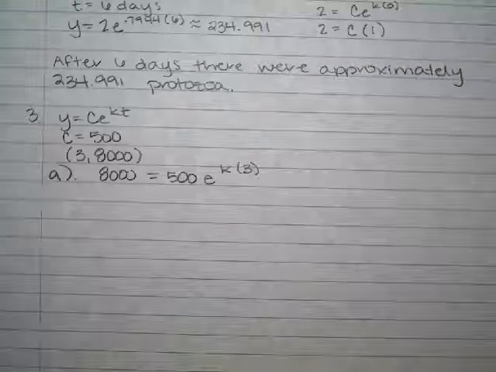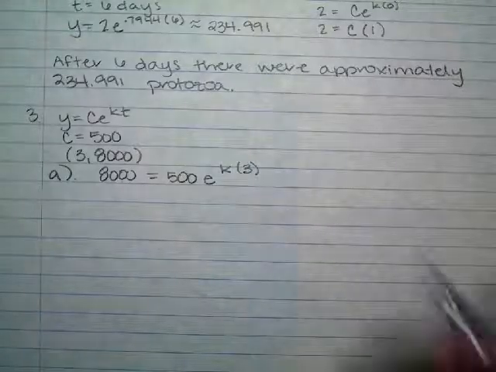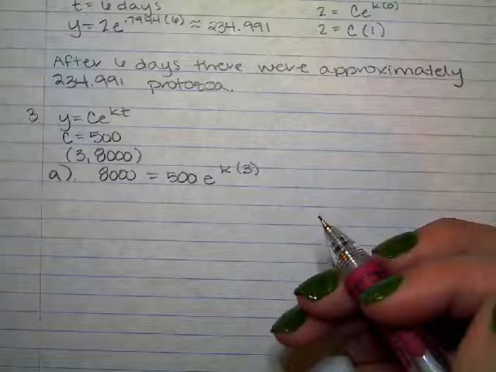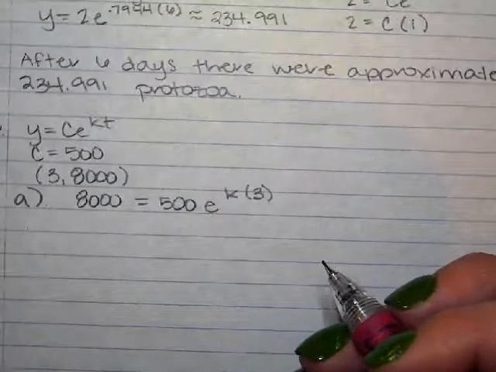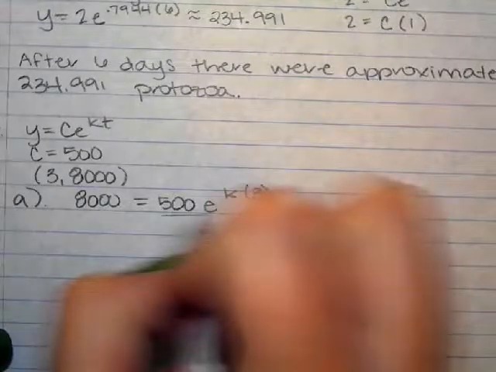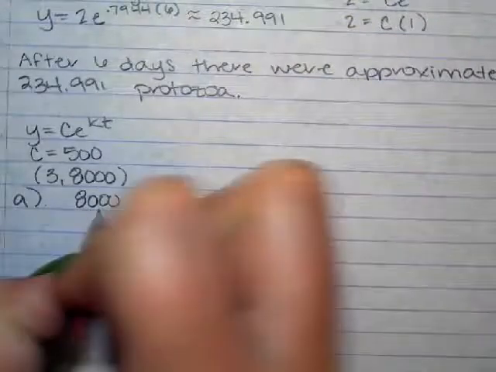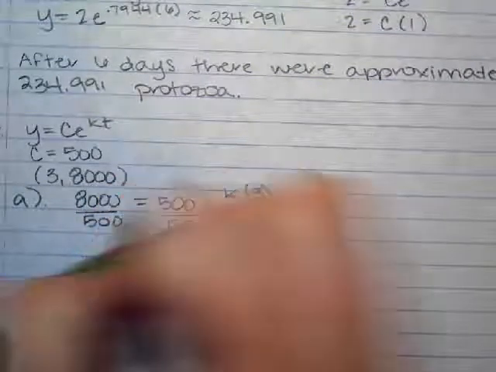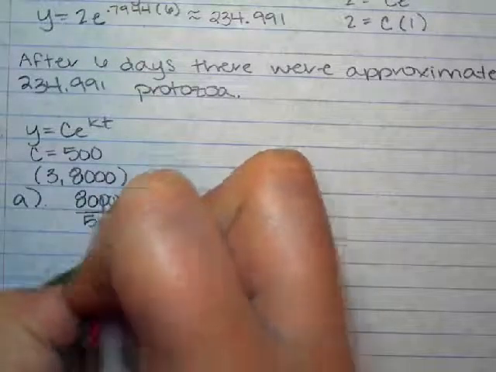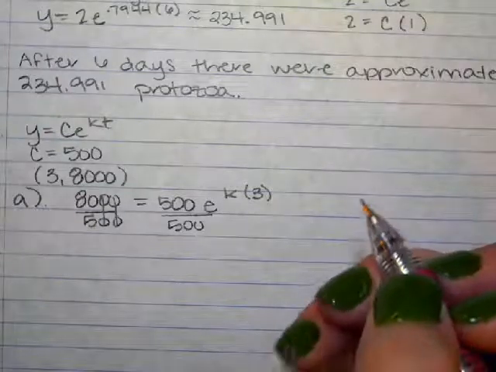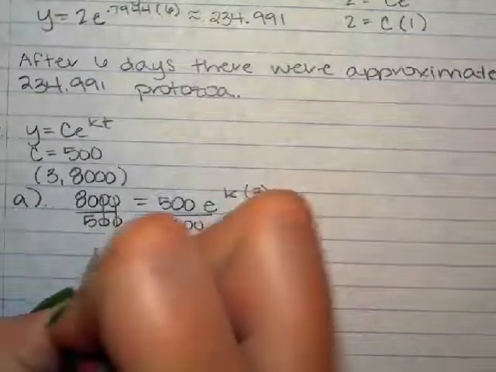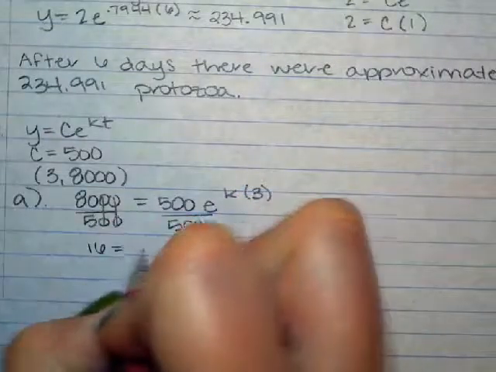And now we solve. Okay, so what should I do first? Divide by 500. So we've got 80 divided by 5. What's 80 divided by 5? 16 equals e to the 3k.